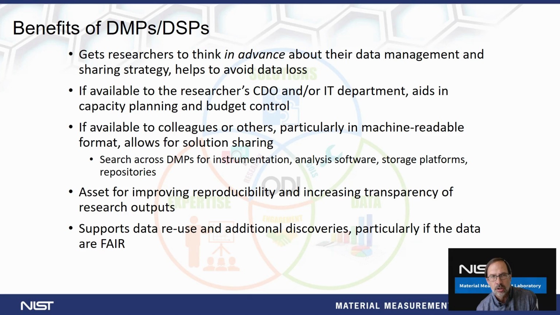You can search across DMPs for common instrumentation, common analysis software, storage platforms and repositories, and basically researchers can learn from each other. It's clearly also an asset for improving reproducibility and increasing transparency for research outputs, as we've heard in many of the presentations earlier today. And they support data reuse and additional discoveries, particularly if the data are FAIR.